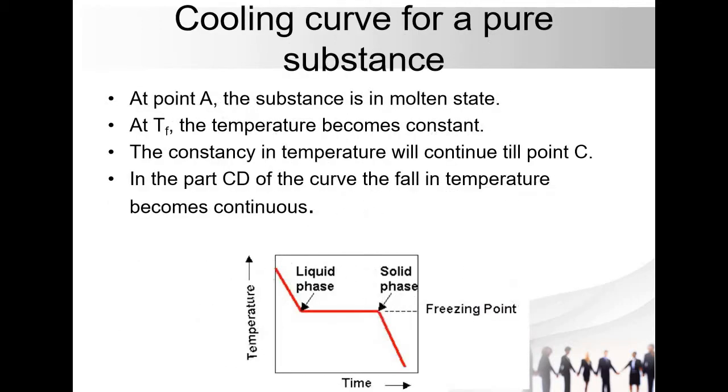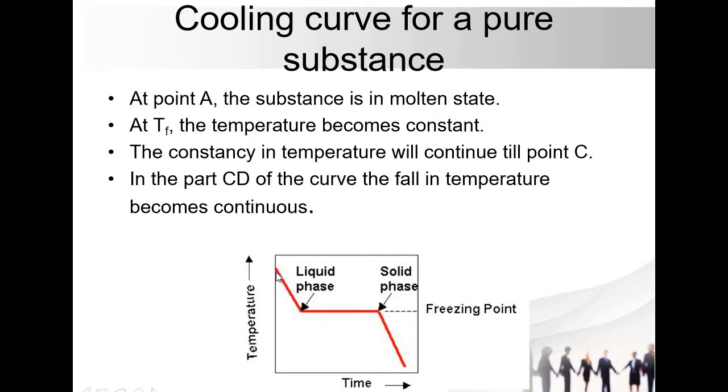Now, we look into the shape of the cooling curve for a pure substance. When a pure substance in the molten state is allowed to cool slowly and the temperature is noted at different intervals of time, a cooling curve of this pattern is obtained.